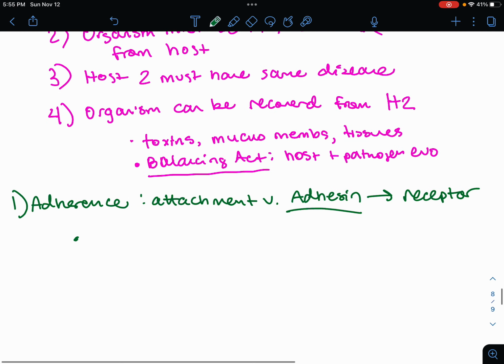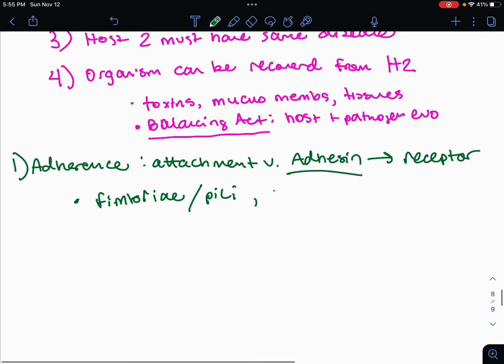Bacteria are going to be using fimbriae or pili, or a capsule. There's extremely specific binding to exploit the host cell receptor here.